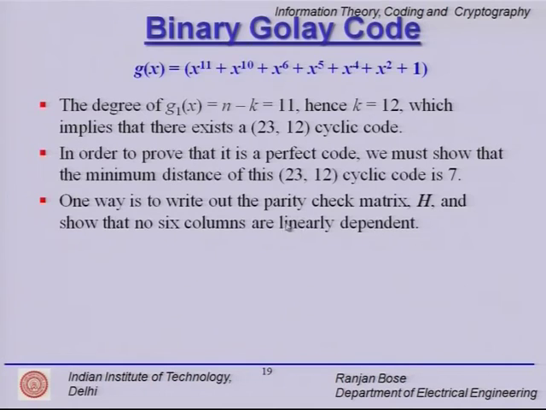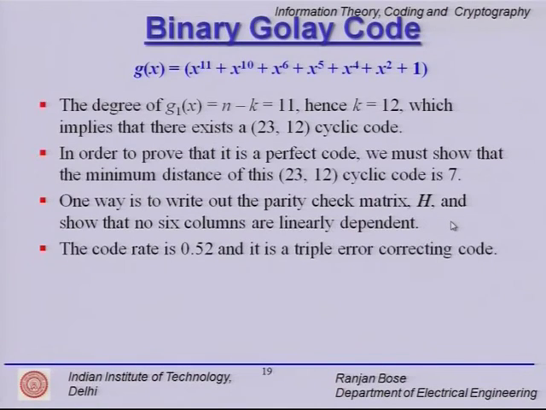So, one way is to write out the parity check matrix and show that no 6 columns are linearly dependent. For this, you have to employ a simple computer program, and you can prove that. The code rate is 0.52, and this is indeed a triple error correcting code.